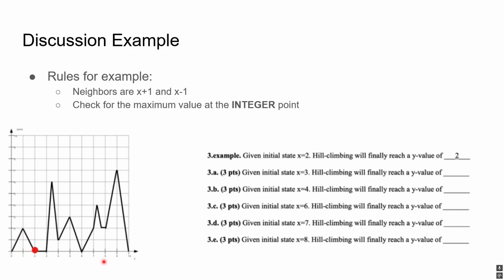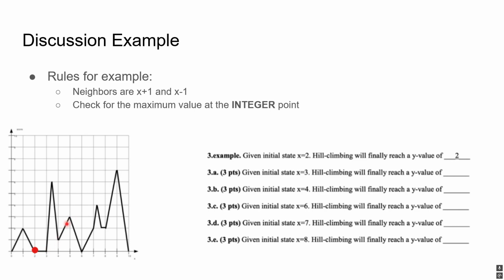Then, let's say given an initial state at x is equal to 3, hill climbing will finally reach a y value of what? So first you'll iterate and check both of the neighbors at x is equal to 2, which is 0, and then x is equal to 4. At x is equal to 4, you can see that the y level is 1, so you'll move to x is equal to 4, and then you'll iterate again. You'll check x is equal to 3, which it's not the case, and x is equal to 5.